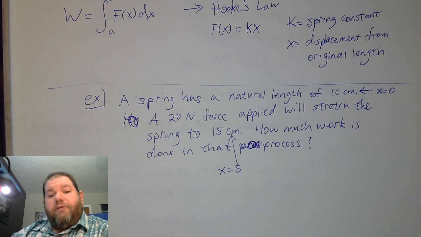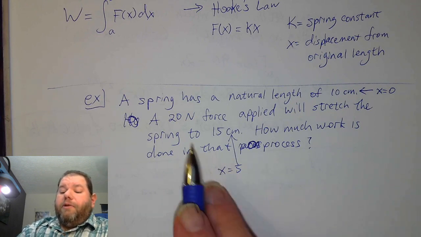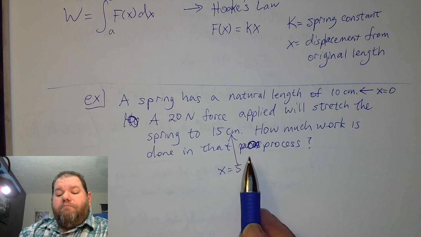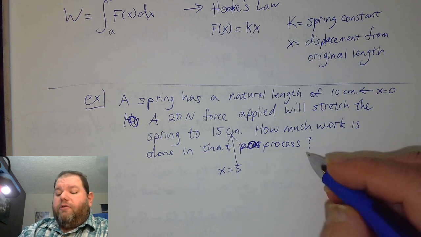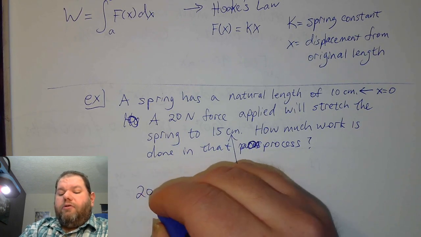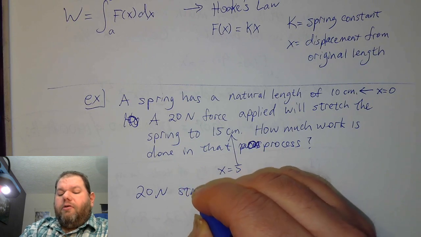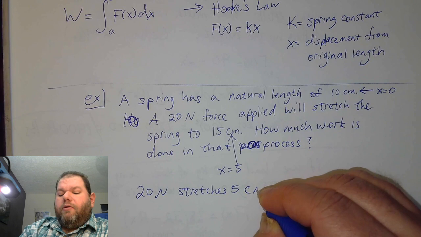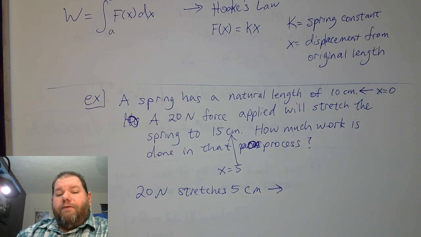That's going to be our limits of integration, and because we know a 20 Newton force stretches the spring by 5 centimeters, this will allow us to find the spring constant k for this particular spring.